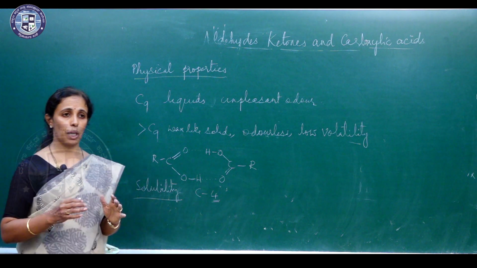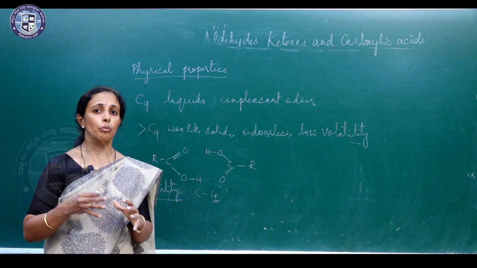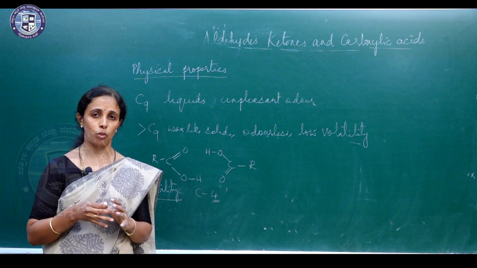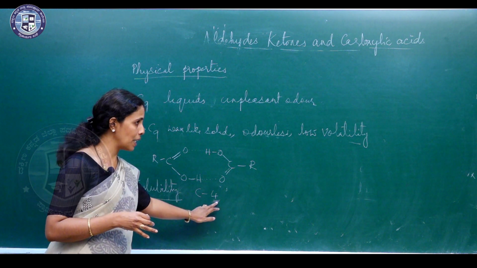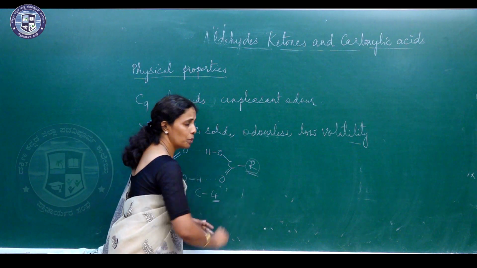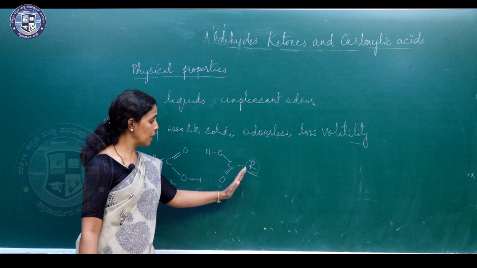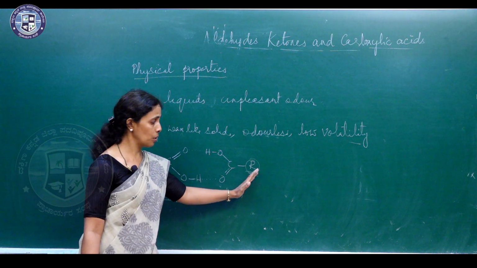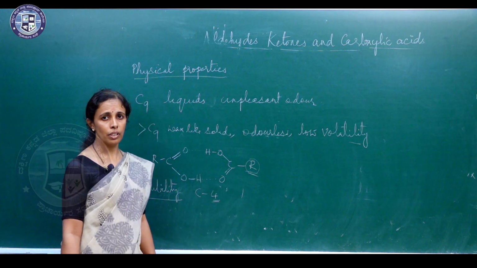That is because these molecules combine with water molecules and form hydrogen bonds. Up to 4 carbon atoms it is alright, but when the length of the R group increases, there will be a hydrophobic interaction of the hydrocarbon part, and that is why the solubility goes on decreasing.